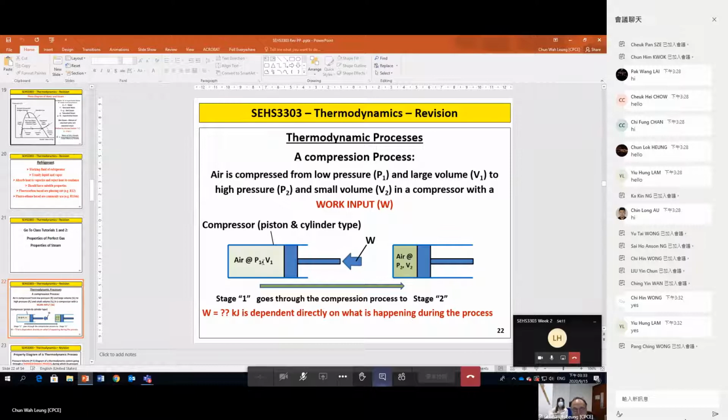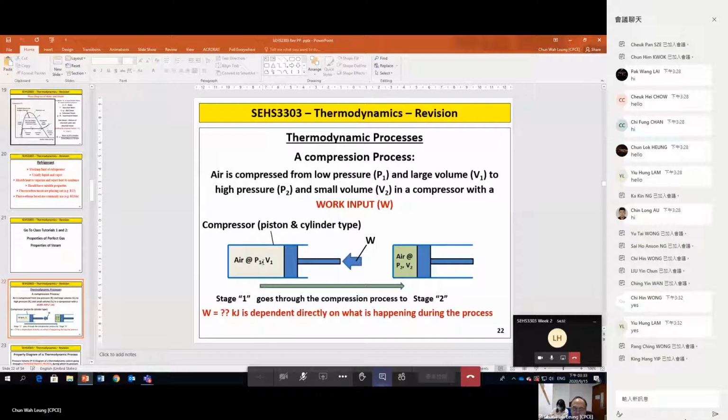So we put this air into the piston and cylinder combination of the compressor. We call this starting point stage one, right?